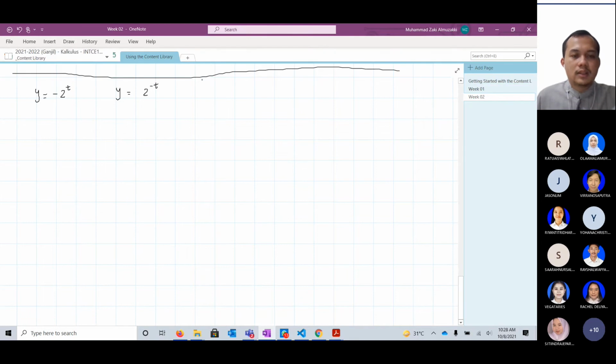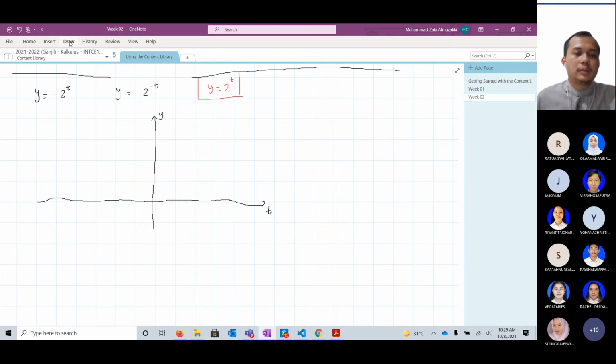So let's have this function as our base: y equals 2 power t. Now, if we plot it in the Cartesian coordinates, we have this t and this is y. For the base function, y equals 2 power t, it crosses the y-axis at 1.